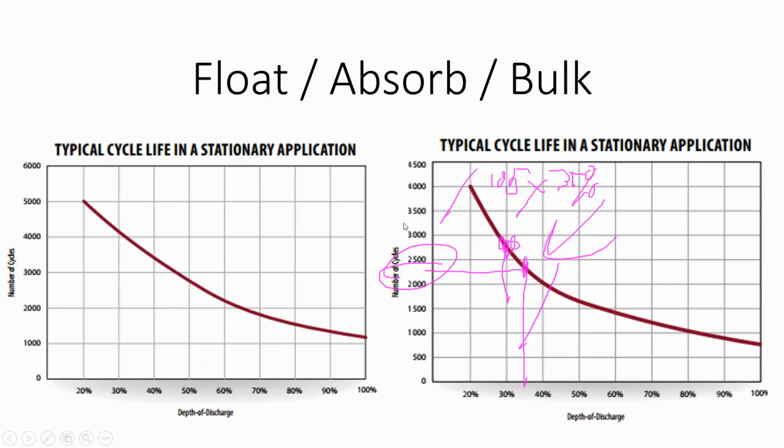We have 2,200 cycles, and 2,200 multiplied by about 40 gives us, let's say, 10,000 cycles at 40 kilowatt hours. We divide our cost by our total kilowatt hour output, and that gives us the levelized cost of storage, which for lead acid was around 19 cents in this signature line range.